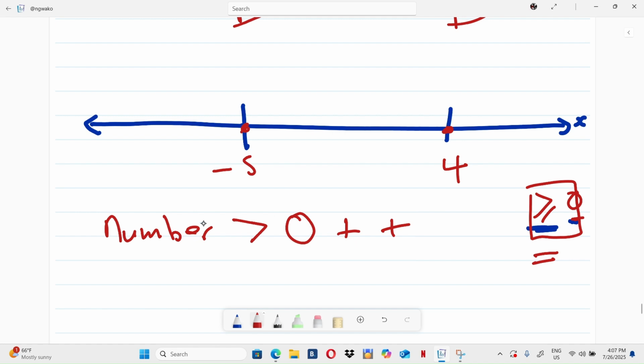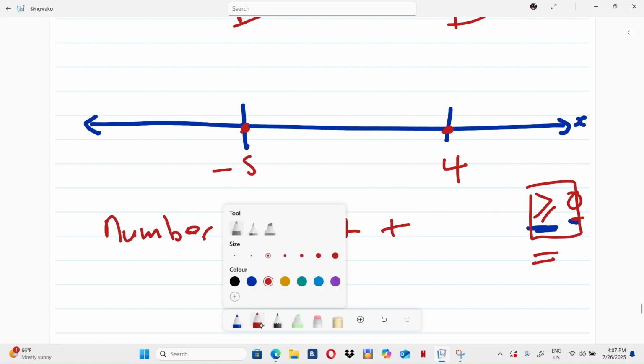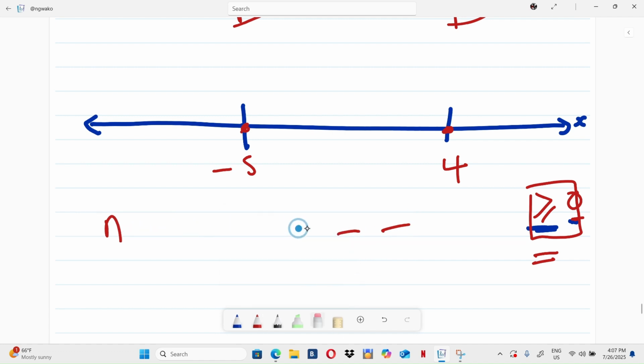Then we're going to substitute any value on the number line, to check whether that value gives us a positive or negative result, or whether x is greater than 0.